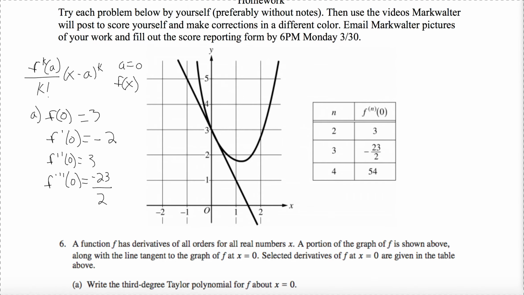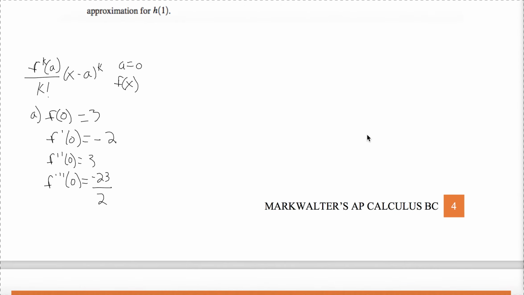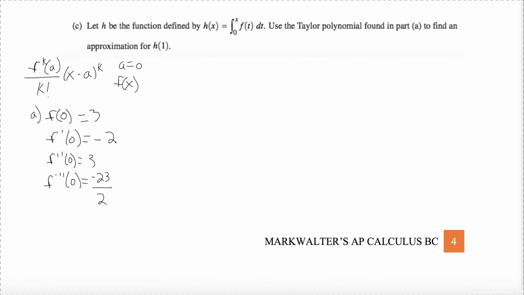So I'm going to come back down, and let me finish actually writing out my third degree Taylor polynomial. So what is my third degree Taylor polynomial going to be? We can call it p sub 3 or whatever you want to call it. I'm going to call it p sub 3 here. P sub 3 of x is going to be the 0th derivative at a, so that's 3, divided by 0 factorial times x minus a.